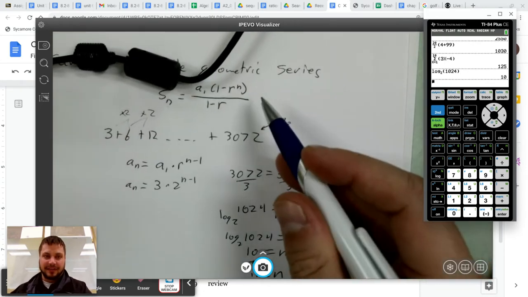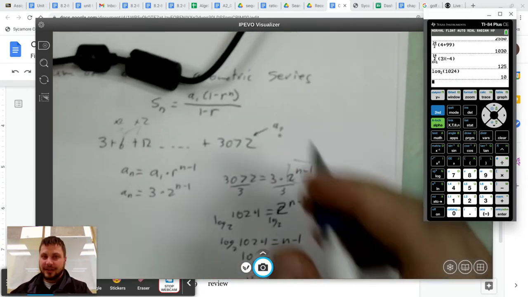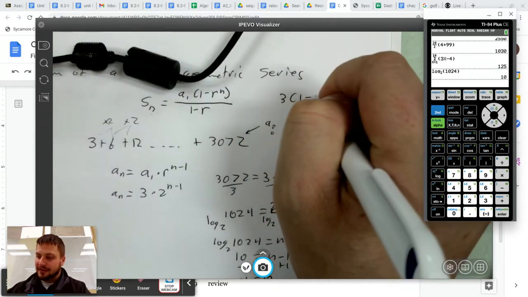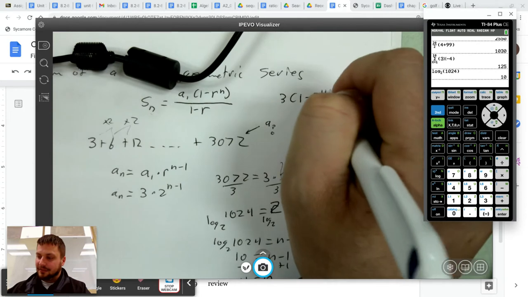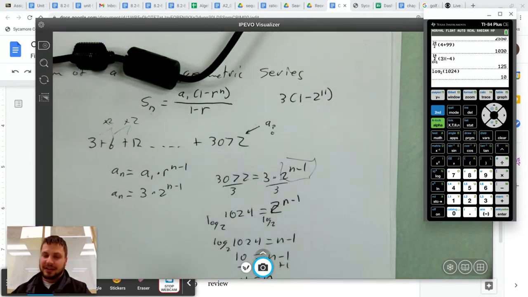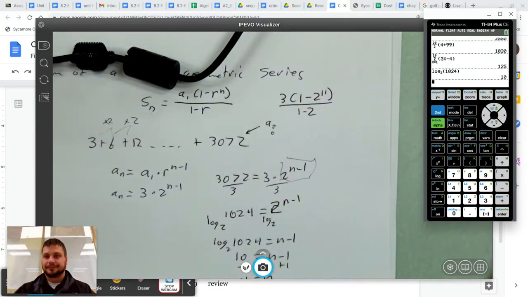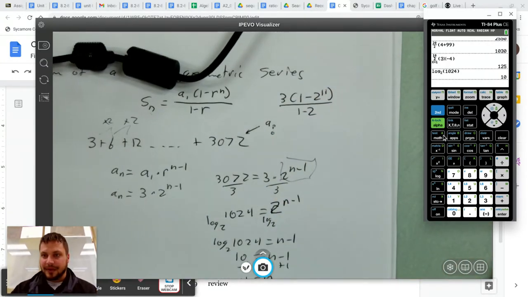Okay, so let's find the sum of these 11 terms. Let's follow my formula. I've got the first term, which is 3, times 1 minus 2 to the 11th power, because that's what term we just realized that 3072 is, over 1 minus 2. So here we go.